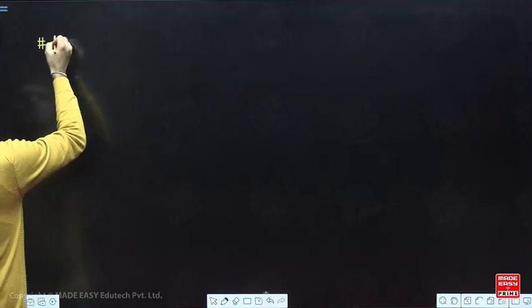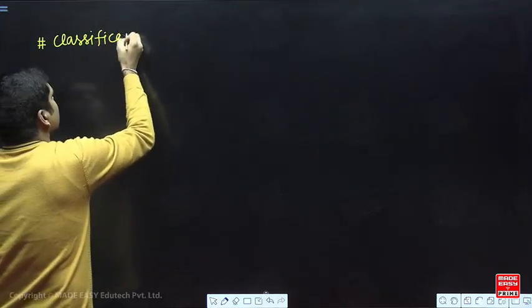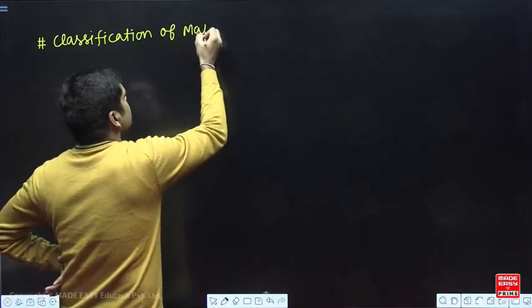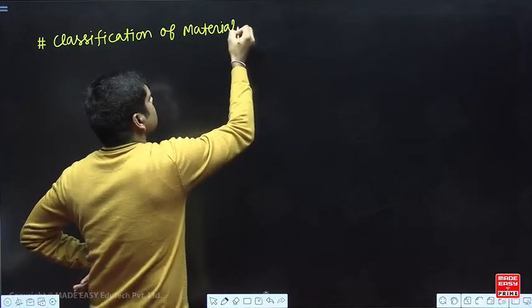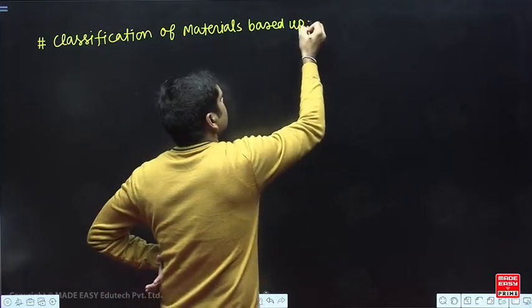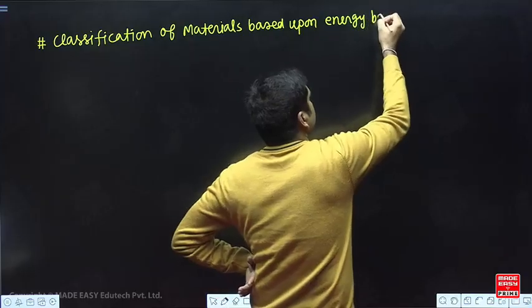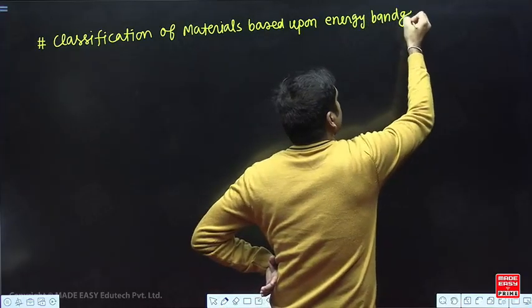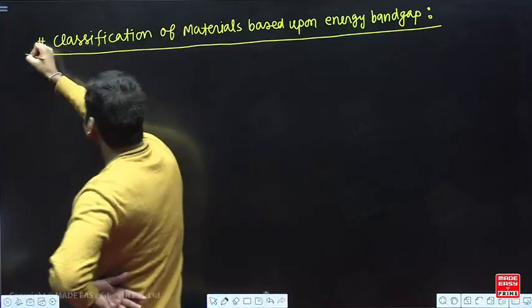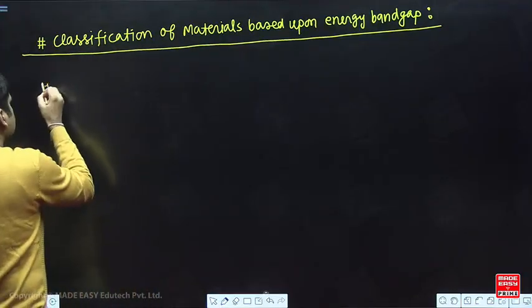Classification of materials based upon energy band gap. First, insulators.